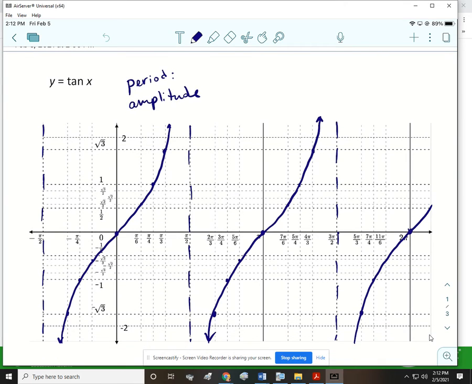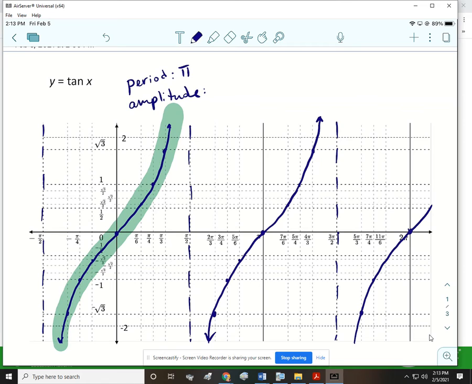All right, so this is the tangent graph. One full period of tangent is this shape right here, and that falls in the distance between negative pi over 2 and pi over 2, which is the distance of pi. So the normal period of tangent is pi.